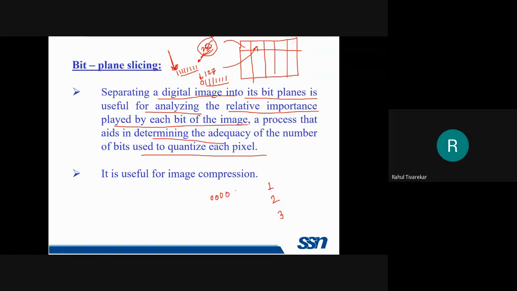This will be represented as 0 0 0 0 0 0 0 1, then 0 0 0 0 0 0 1 0, and the last as 0 0 0 0 0 0 1 1.